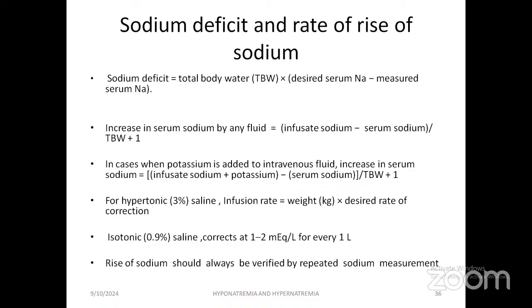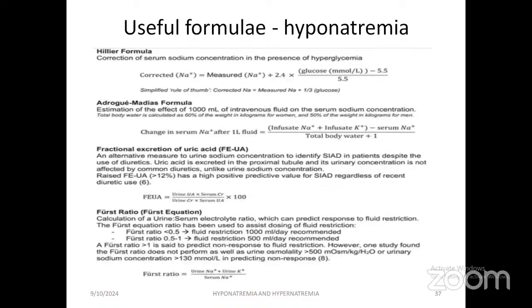Increase in serum sodium by any fluid is calculated by infusate sodium minus serum sodium divided by total body water plus 1. For hypertonic saline, infusion rate is weight into desired rate of correction. For isotonic saline, it corrects at 1 to 2 milliequivalents per liter for every 1 liter. Raise of sodium should always be verified by repeated sodium measurement. These are a few formulae which help us in correction of hyponatremia.